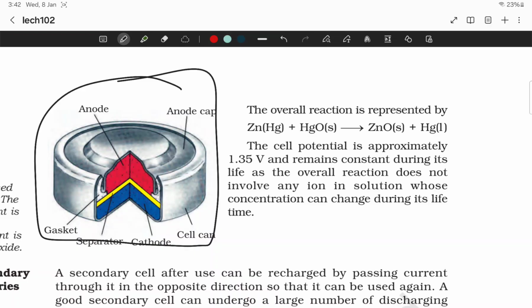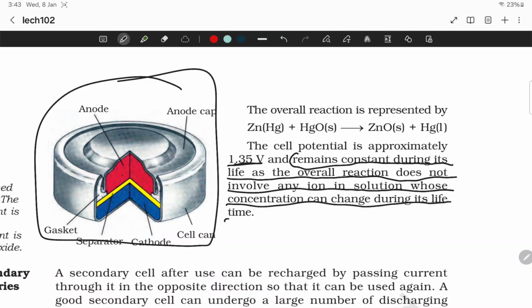The cell potential is 1.35 volt, and the important thing is that the EMF of the cell is always constant throughout the life of the battery. The overall reaction does not involve any ion in solution whose concentration can change during its lifetime.